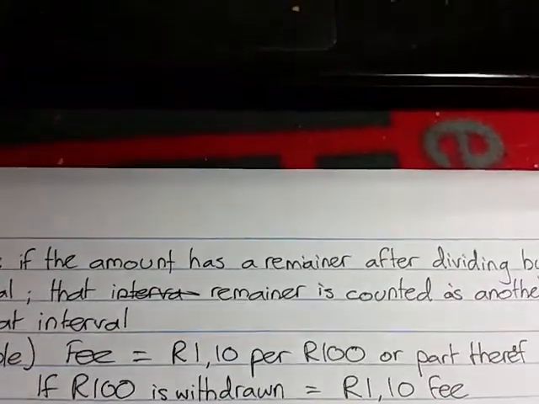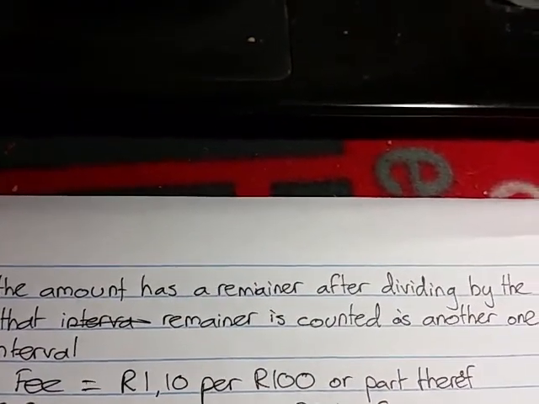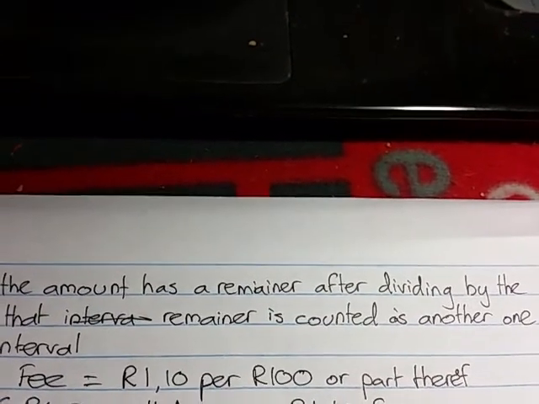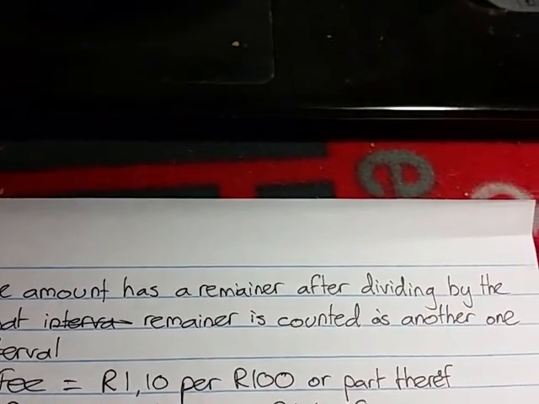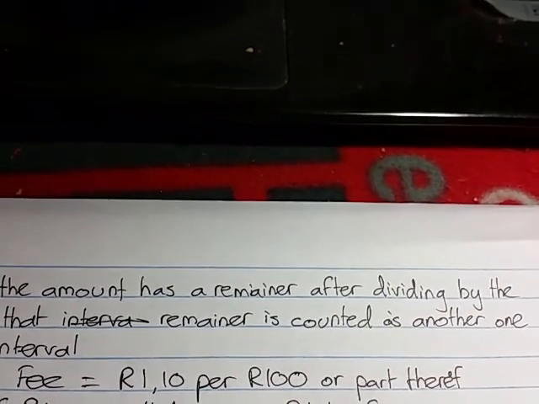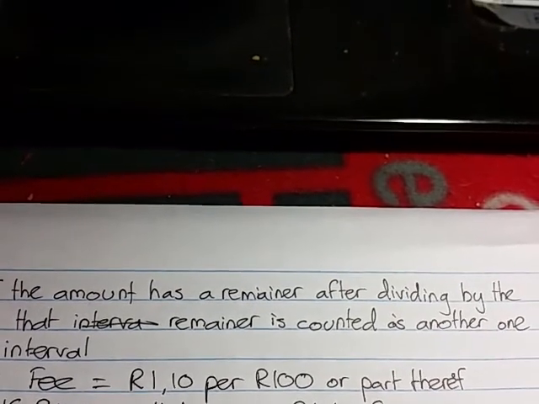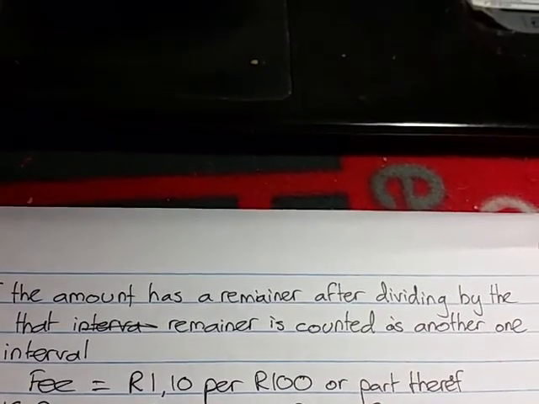So for example, let's say a fee was charged at 1 rand and 10 cents per 100 rand or part thereof. Okay? So that means every 100 rand is charged at 1 rand and 10 cents.